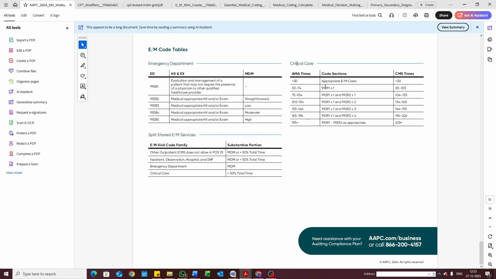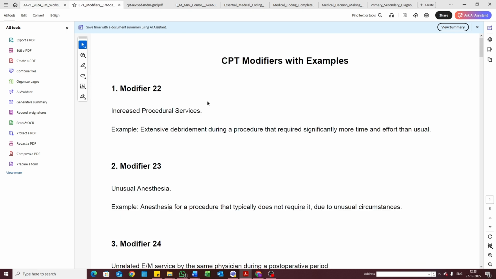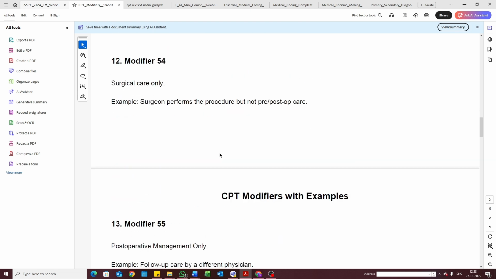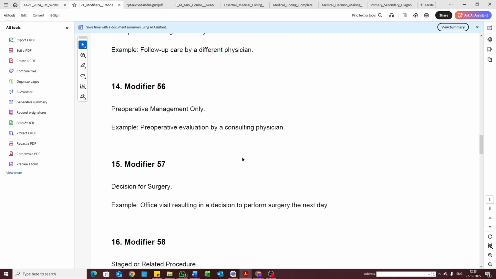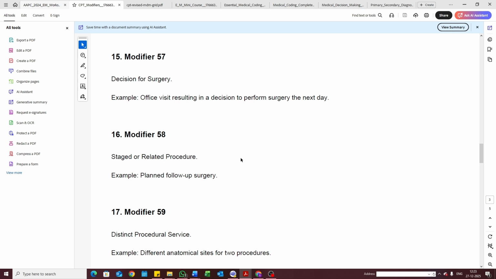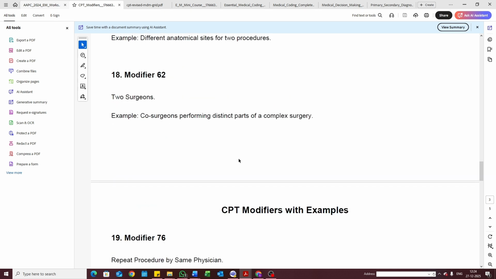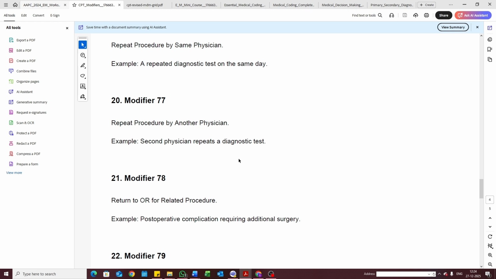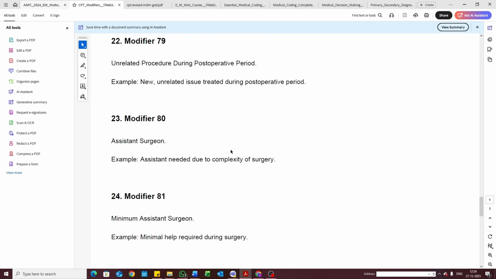This is critical care services, 99291. For AMA times, same times. This is Medicare Medicaid, split shared services. This is modifiers. We will see in the next sessions how to apply modifier 25. Generally in E/M we use modifier 25 mainly, and for follow-up visit or after care we use modifier 24.